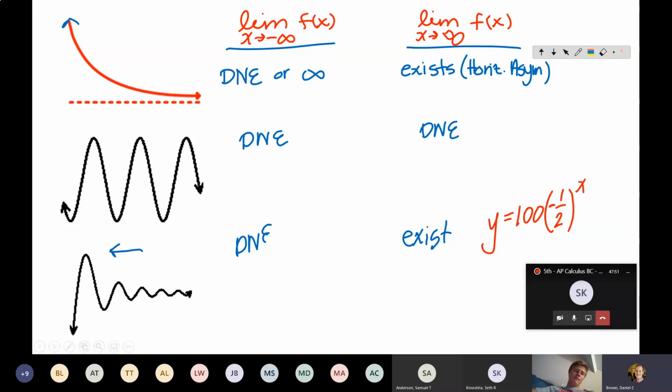So it's like you keep multiplying a number by -1/2, so that's why it's switching between positives and negatives. And if you keep multiplying by -1/2, they get smaller and smaller, closer to 0, while alternating plus minus, plus minus. So eventually it will get really, really close to 0. And so that's why we'll say that it exists, because it is approaching a number.